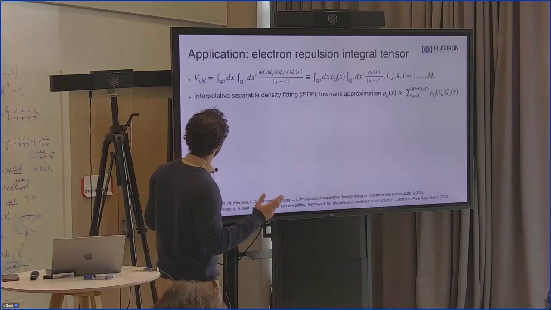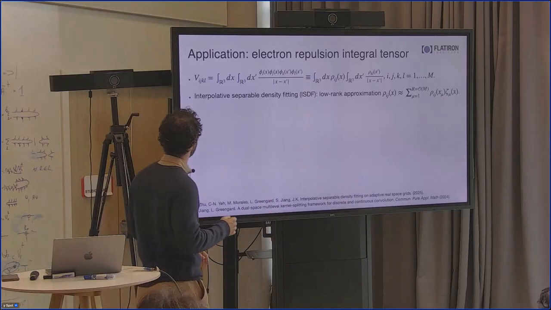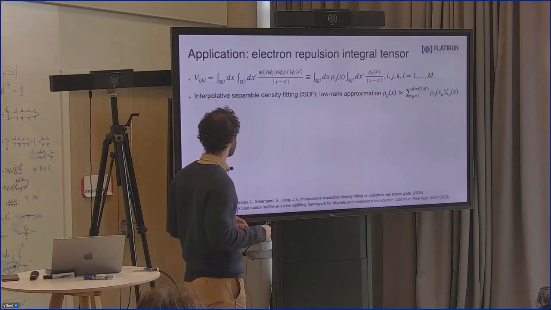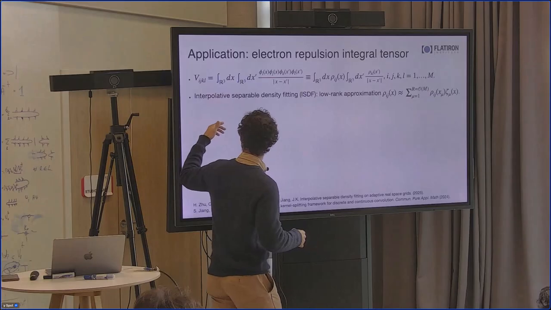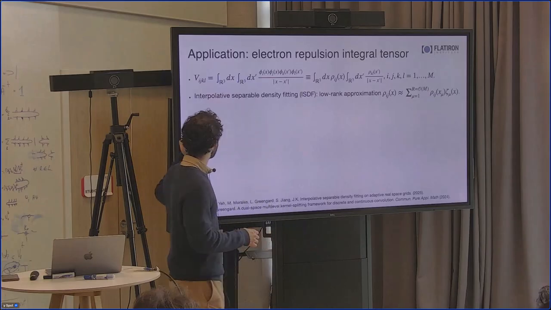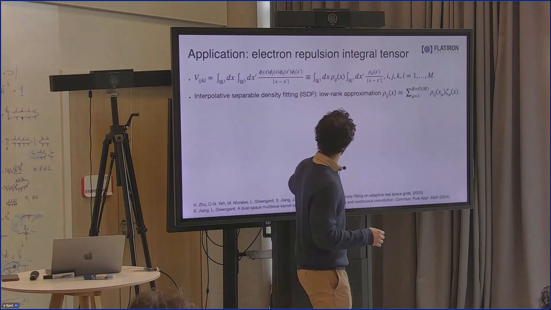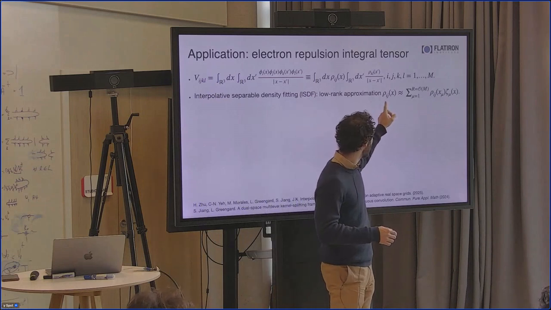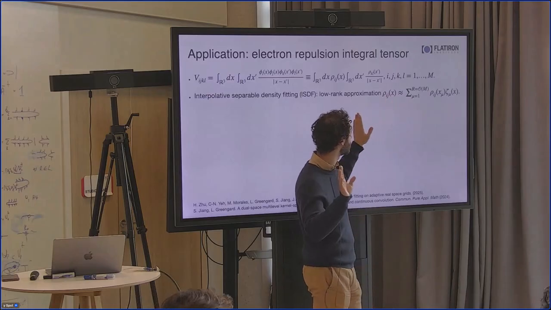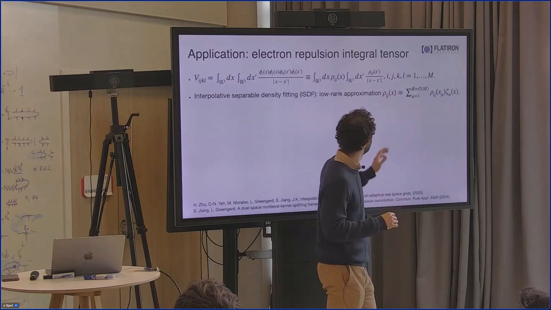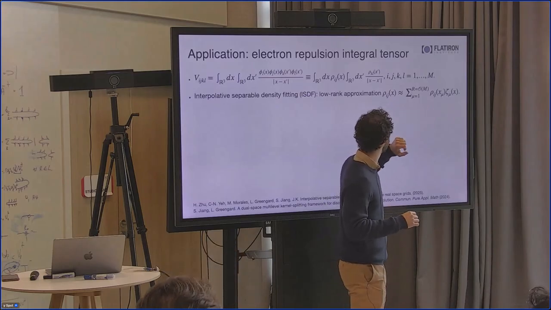So an algorithm that some of my colleagues have developed and used, well, they didn't develop it originally, but have been working on it and using it to handle this situation is interpolative separable density fitting, or ISDF, which starts by making a low rank approximation of these pair densities. For the people who know what I'm saying, this is a row interpolative decomposition.